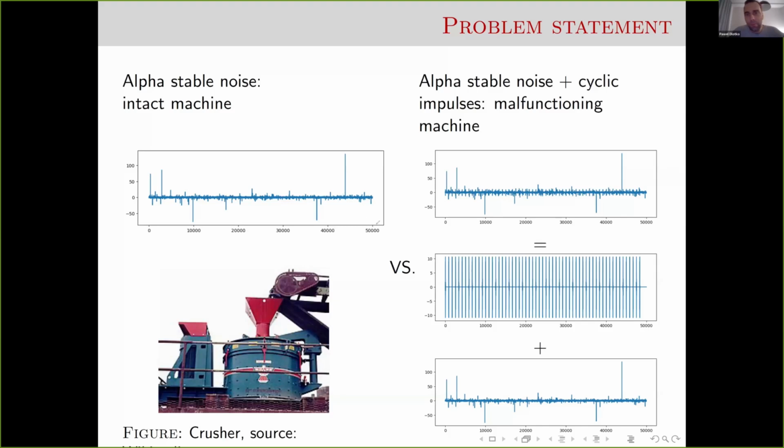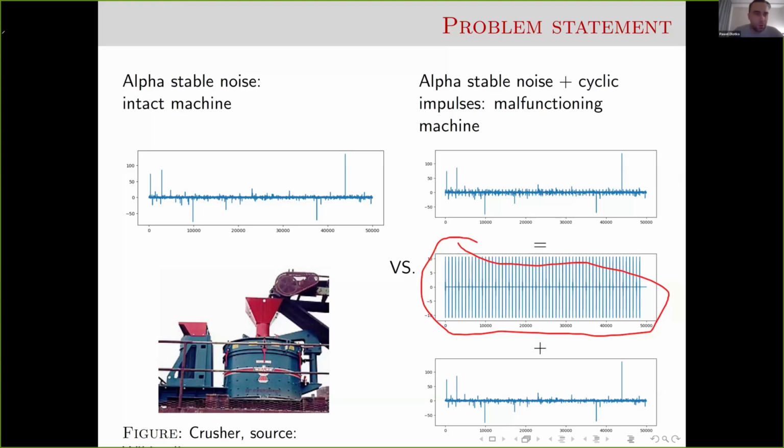The problem is when something gets broken, you get this cyclic impulse hidden in the signal. It's very much like when you ride your bike and you hit a curb, and then you hear this periodic rumbling. That's precisely what we want to detect. So the question is, can we use the machinery of the topological tests?